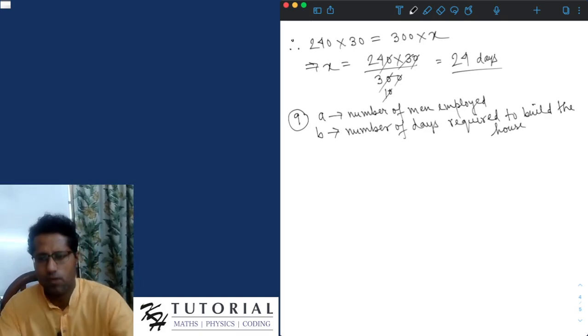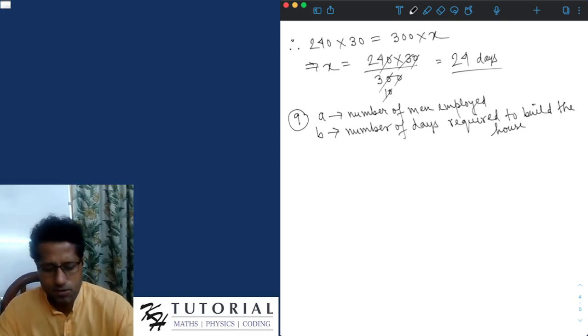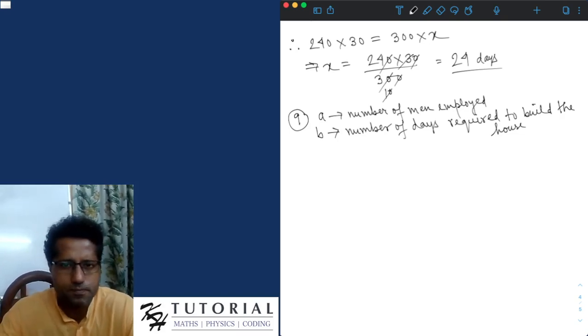So definitely if more men are employed, then less number of days will be required to build the house.